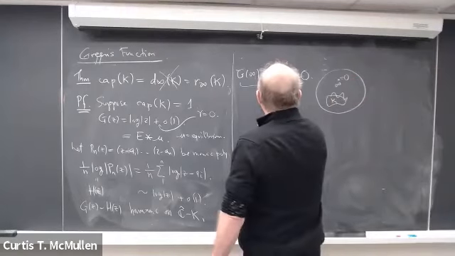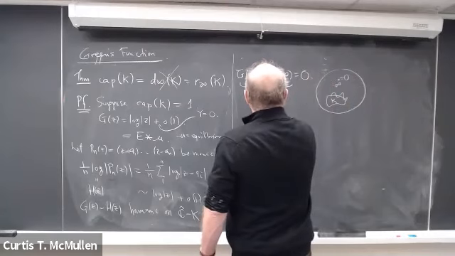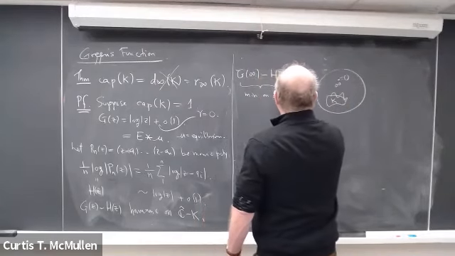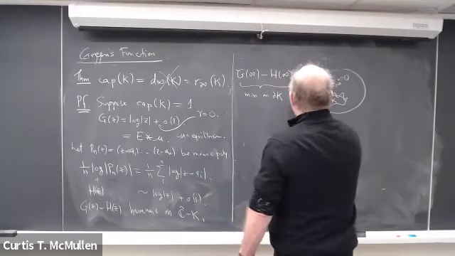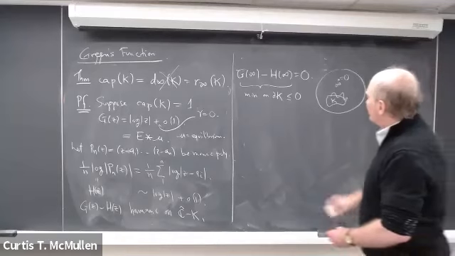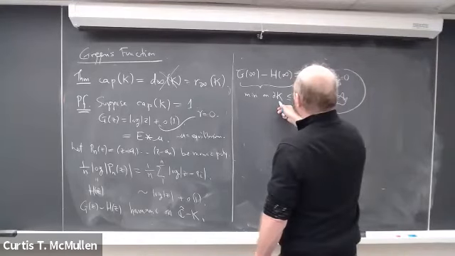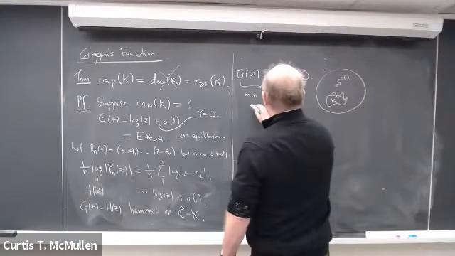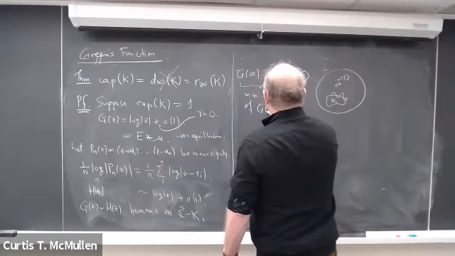So it follows that the min on the boundary of K is less than or equal to 0. But that's the min of g of Z minus h of Z.